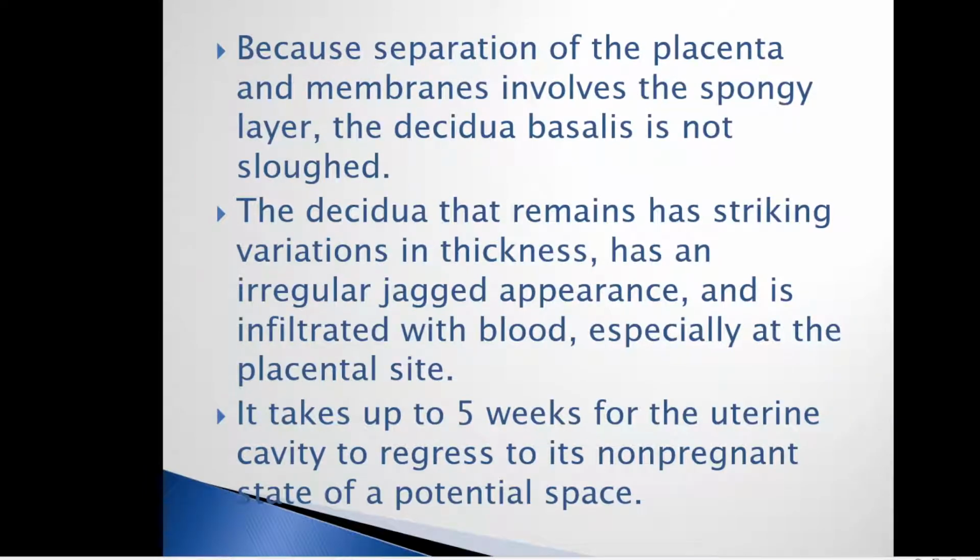Because separation of the placenta and membranes involves the spongy layer, the decidua basalis is sloughed. The decidua that remains has striking variation in thickness, has an irregular jagged appearance, and is infiltrated with blood, especially at the placental site. It takes up to 5 weeks for the uterine cavity to regress to its non-pregnant state of a potential space.